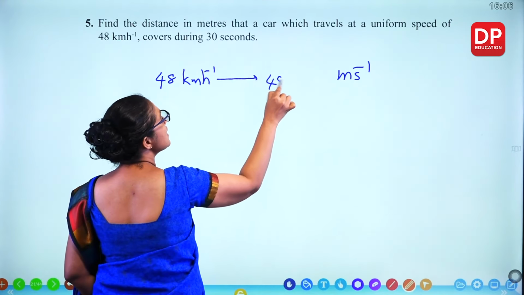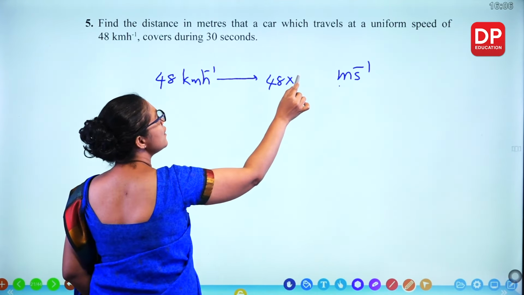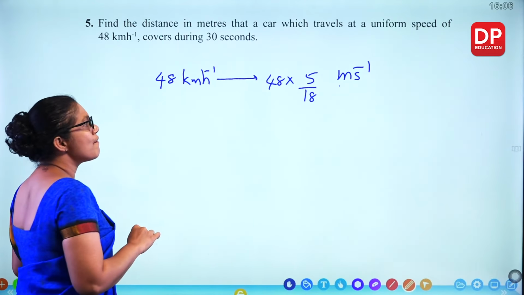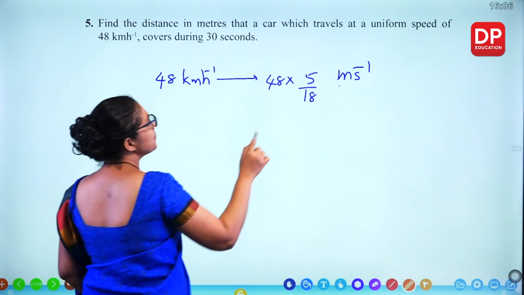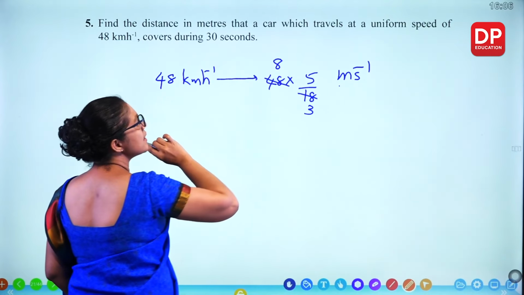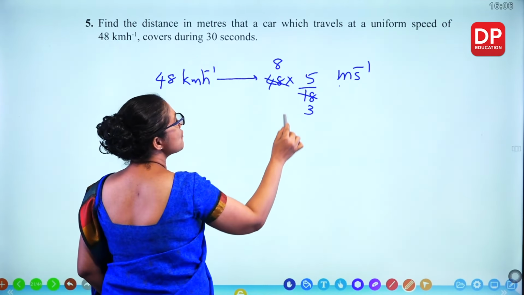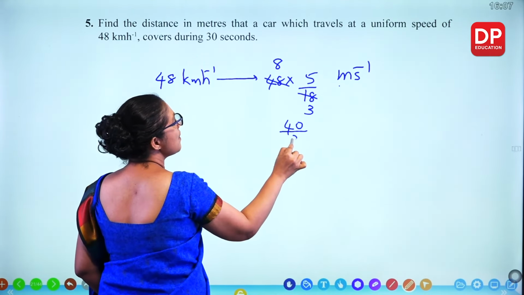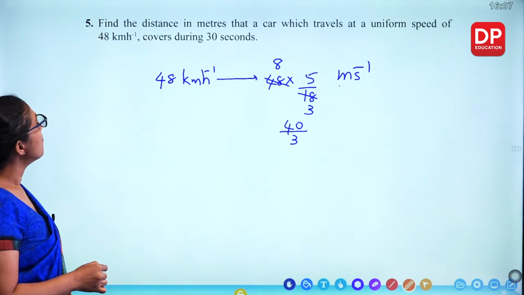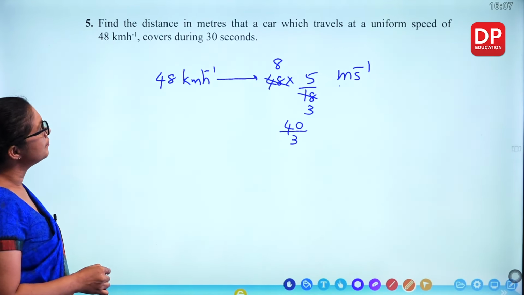Take 48. This is a smaller value. That means you have to divide by 18 and multiply by 5. And 6 times 8. Then 8 times 5, 40. 40 divided by 3.